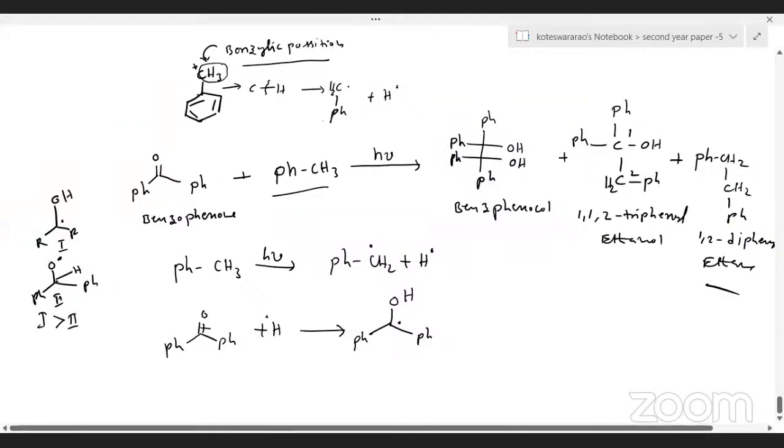The reason is that, even though oxygen is electronegative and its electron density may increase its stability, here the carbon is attached to oxygen and two phenyl rings. When discussing the electronic effects, these two have a minus mesomeric effect and are electron-withdrawing groups. Therefore, whenever the electron density is low, it readily accepts a pair of electrons.